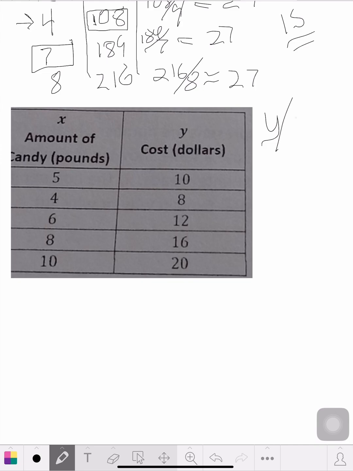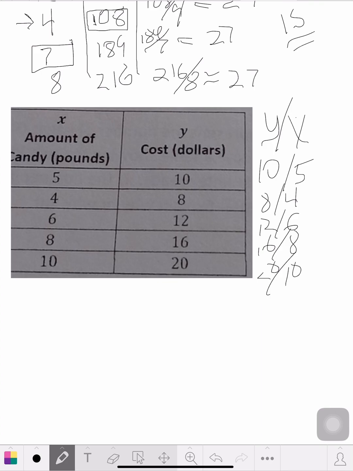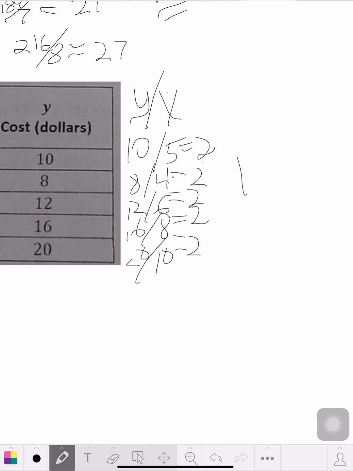So we're going to have 10 over 5, 8 over 4, 12 over 6, 16 over 8, 20 over 10. And each one of these is going to be 2. I can already see this real quick math. 2 equals 2 equals 2 equals 2. So right away we know this is proportional because everything matches.